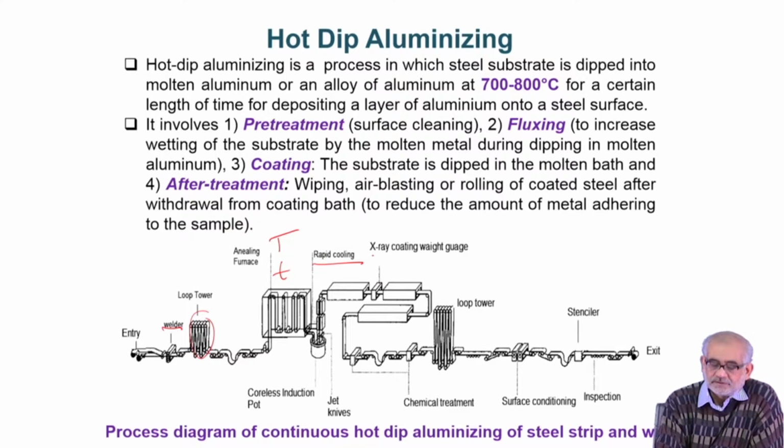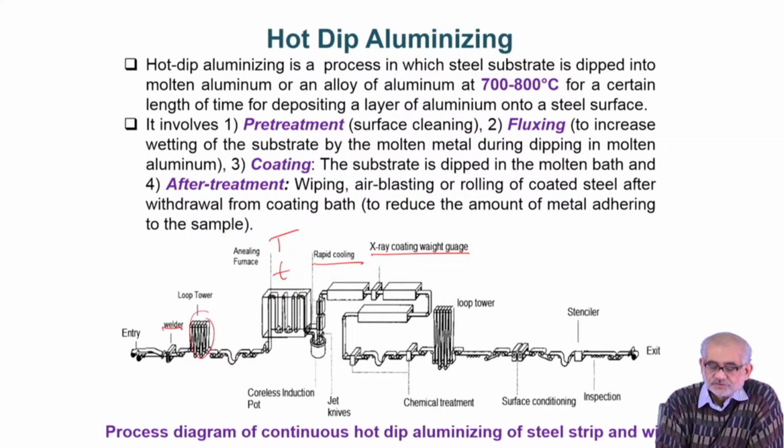There is an online mechanism through which you can measure the gauge thickness of the coating, and then it goes through. So the excess aluminum sticking to the surface is removed through an air jet. The air jet removes the surface excess aluminum and also quenches the surface temperature.